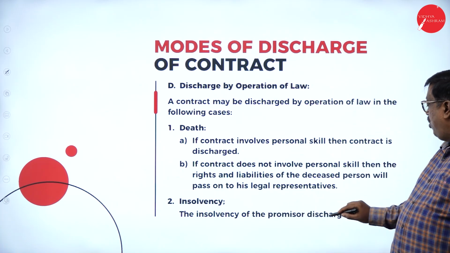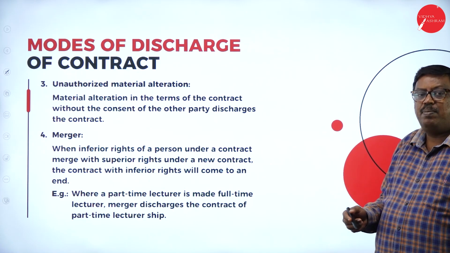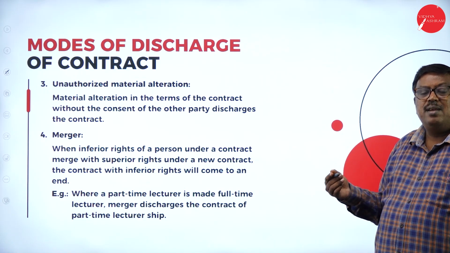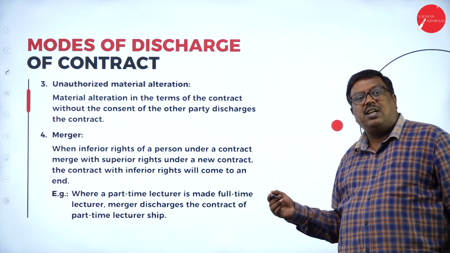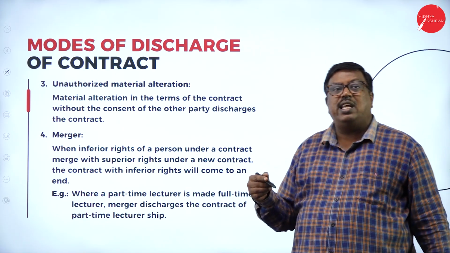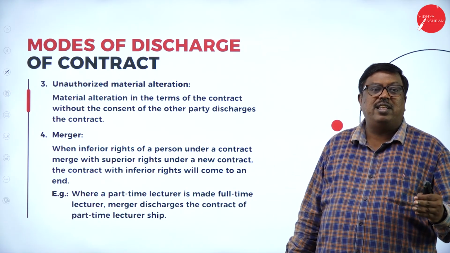Insolvency, the insolvency of the promisor discharges the contract. When there is insolvency, a person is not able to make the payment. At that time, the court involves and says that before the insolvency date was announced, the contract was made between the parties.